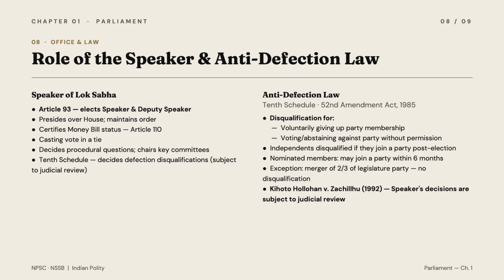Not individual desire. Okay? So in Kihoto Hollohon versus Zachilhu, Zachilhu was the Speaker, and Hollohon was a member of the Legislative Assembly of Nagaland. Surprisingly, they used to discuss a lot about what the law means, what this means, what that means.